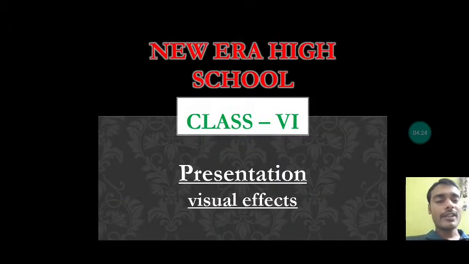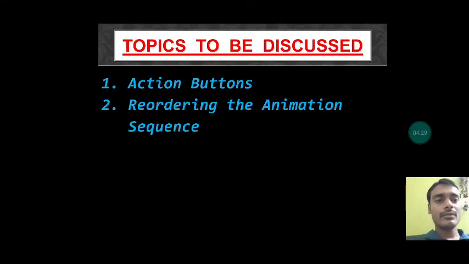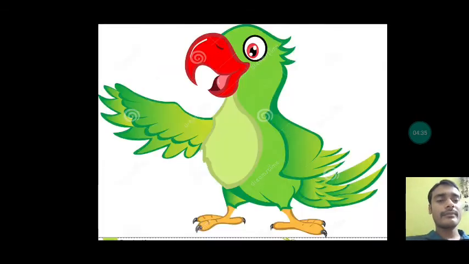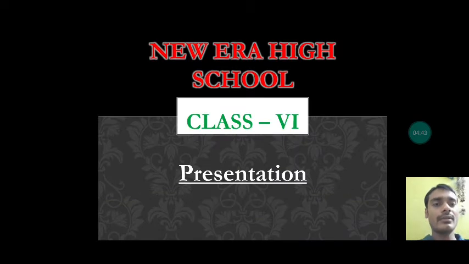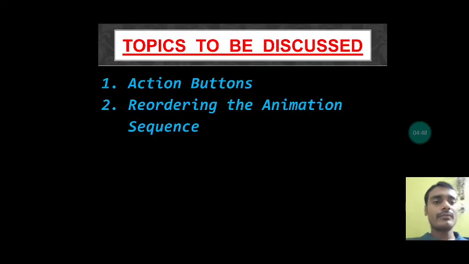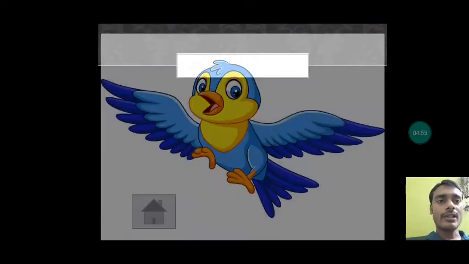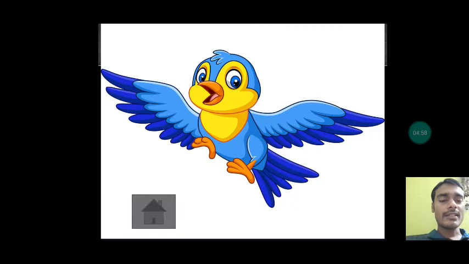Here when I click on this button, the first page will appear because here I have used the action buttons. I have made this action button to move into the next slide. Okay, I have used this action button. Let's see once again. When you click on it, you can move to another slide.